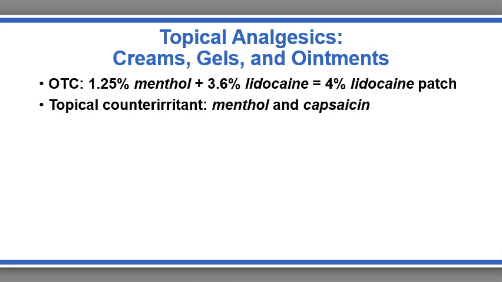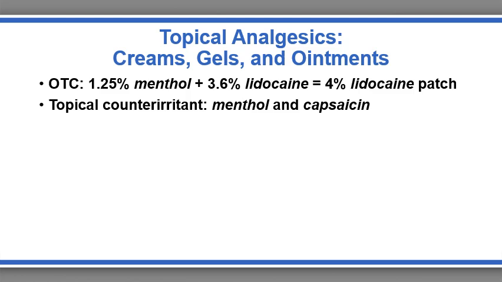There's also topical counter irritants. Menthol and capsaicin are popular active ingredients in a lot of your over-the-counter pain relieving creams. And creams and gels come in all different forms. Menthol has been around for quite a while. It's a very fast-acting pain relief topical agent, helps to facilitate a decrease in blood flow.